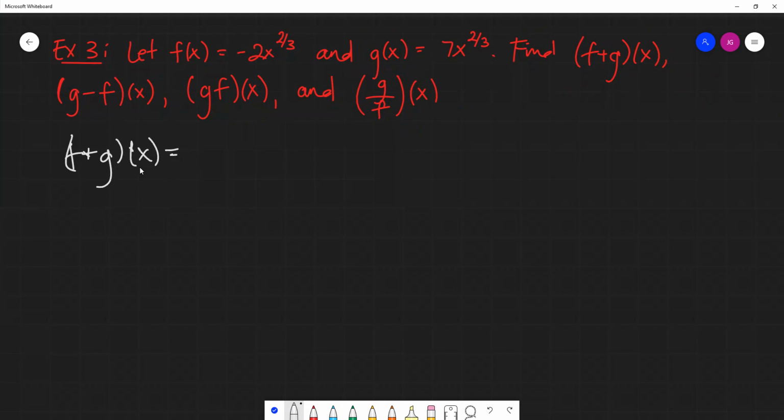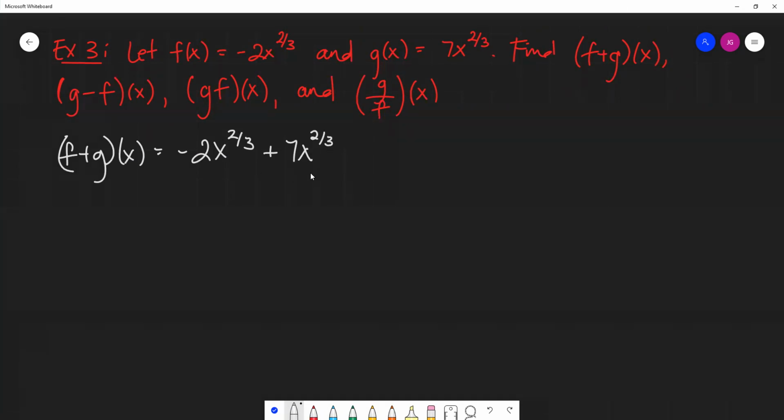Wow, I kind of botched that whole thing, didn't I? A lot of little miswrites. f plus g of x, there we go, that looks a lot better. Negative 2x to the 2/3 plus 7x to the 2/3, okay? x to the 2/3, x to the 2/3, like terms, so I can add them. Negative 2 plus 7 is 5x to the 2/3. Okay, so there's our addition function.